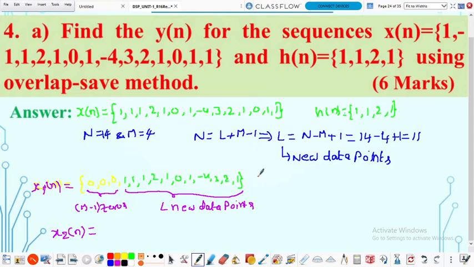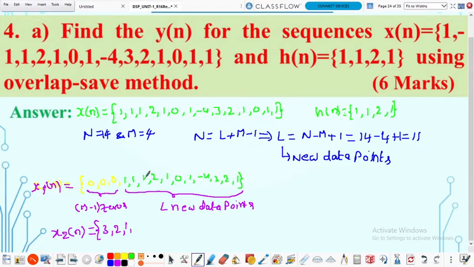Therefore the sequence x2 of n is equal to the last m minus 1 data points of the previous block, so that is 3, 2, 1, and the remaining samples are followed by the new data points from the given input sequence x of n.